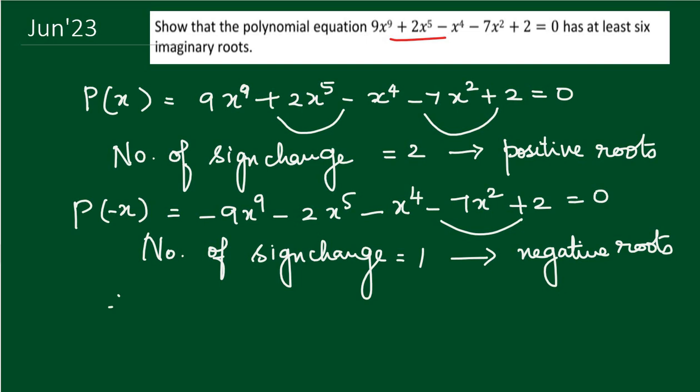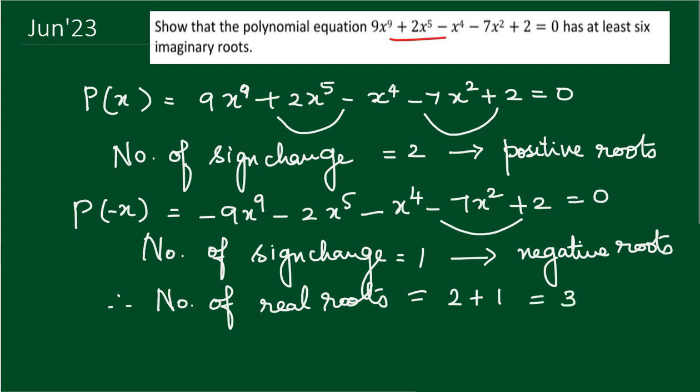Therefore, number of real roots is equal to positive roots 2 plus negative root 1, and therefore the number of real roots will be equal to 3. Now we are asked to find the number of imaginary roots.